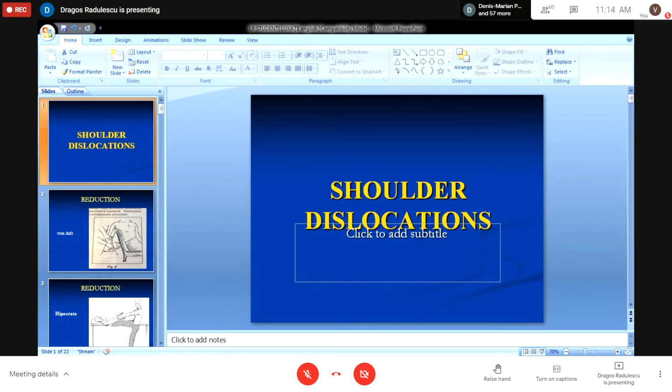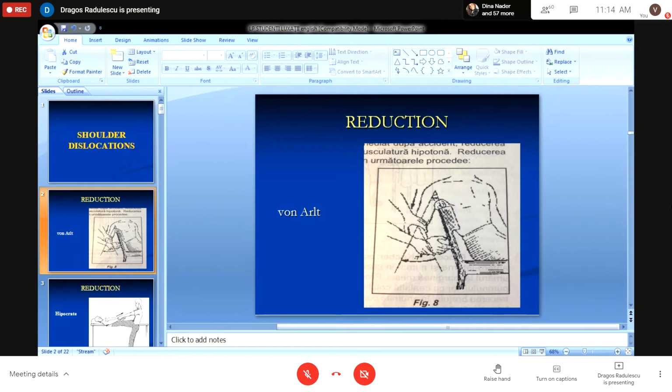By the way, like you see the reduction worn out slide. Yes. No, it's on slide 1, shoulder dislocations. Okay, now it's good. Okay, now it's back on the first one. Yes. Or It's on the second one, the von Arlt. But is it like full screen, or you see the non-full screen version? Non-full screen version.